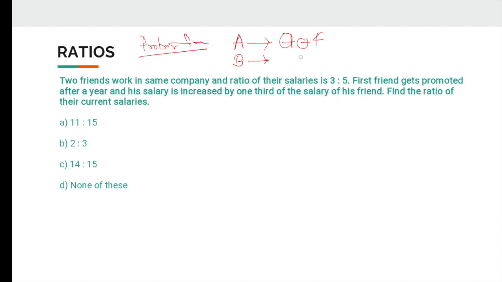If the proportion is in the positive direction, it may go to 8. So the ratio between a and b means 4/8, which will always be 1/2. Means whatever is done by a, twice of that thing will be done by b. So this is what the proportion is.